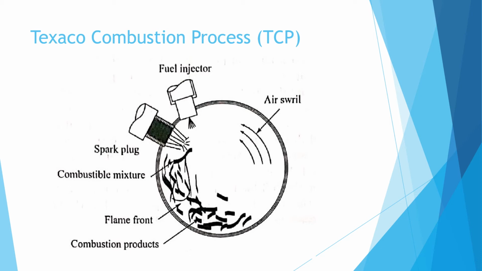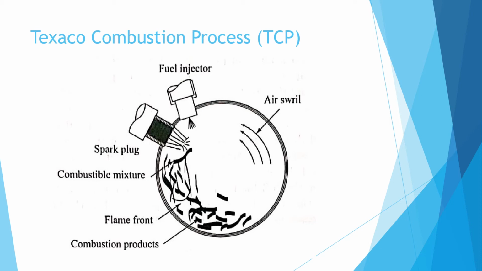The TCP gives good performance over the whole range of load and speed. A wide range of fuel, ranging from premium gasoline to high cetane diesel fuel, can be used. In addition to giving better part load efficiency, the starting and warm-up characteristics of TCP are quite good.